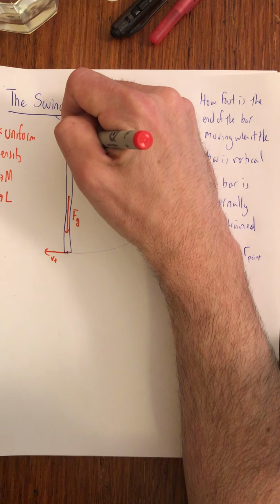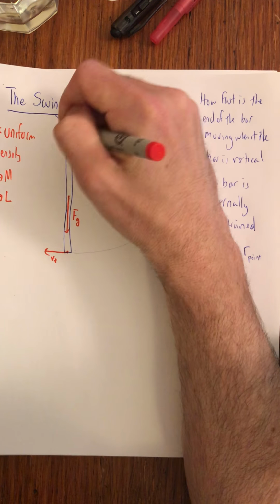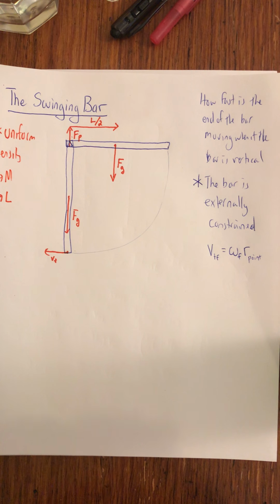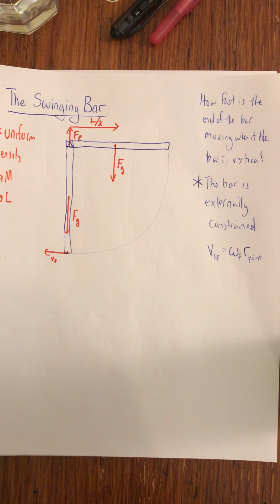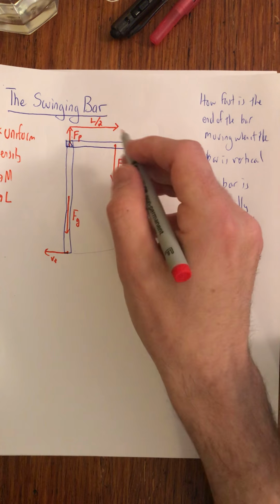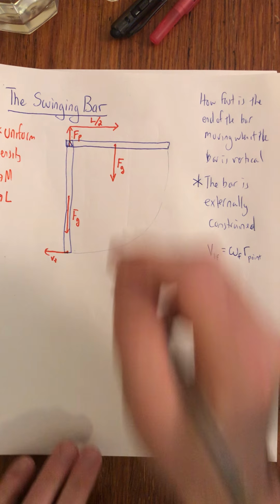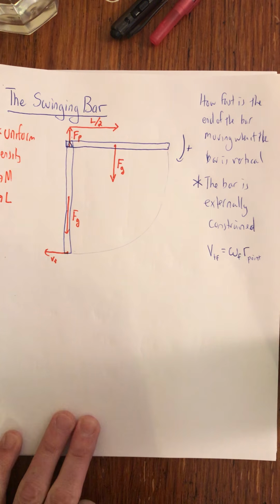I'm just going to throw in some sort of F pivot. I'm not sure if that's the direction it acts or not. Like I said, there's another video that's going to talk only about those pivot forces, so we can deal with it later. But none of them are going to cause torques at any point because they act through the axis. With that in mind, let's say that clockwise is positive.